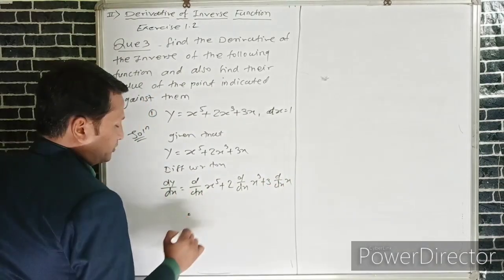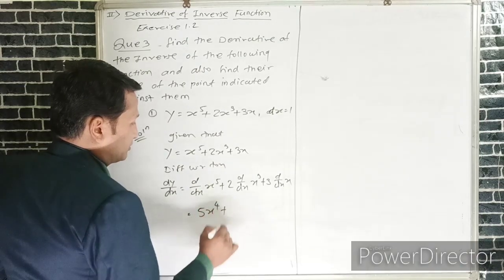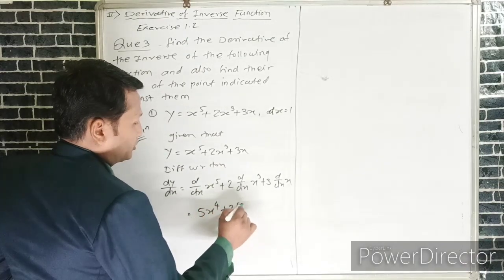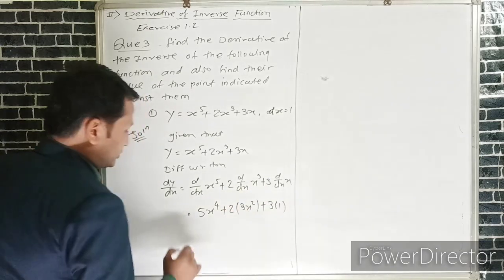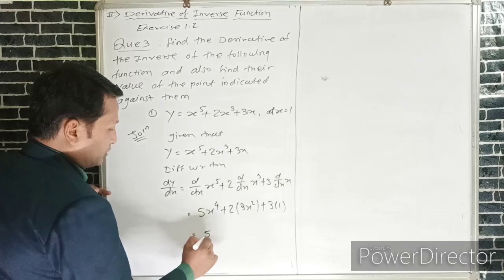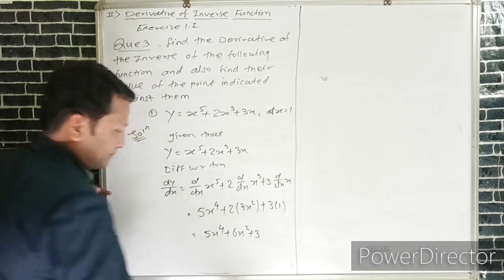Derivative of x raised to the power 5, by using the x raised to the power n rule, we can write 5 into x raised to the power 4, plus 2 into derivative of x cube, 3x square, plus 3 into derivative of x is 1. Hence we can write dy by dx is equals to 5x raised to the power 4 plus 6x square plus 3.